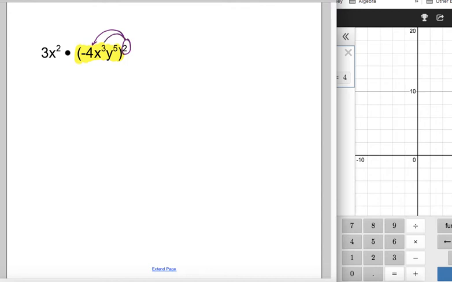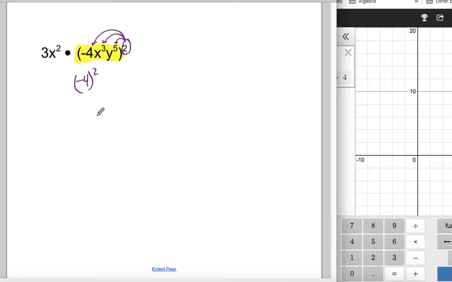Out front, I have a -4. Then I have an x cubed and a y to the 5th. And each of these is going to get that power of 2 applied to it. The -4, be sure that you're writing this in parentheses because you are raising the -4 to that power. And if you don't put parentheses, it will only raise the 4 to that power and it will not deal with the negative sign.